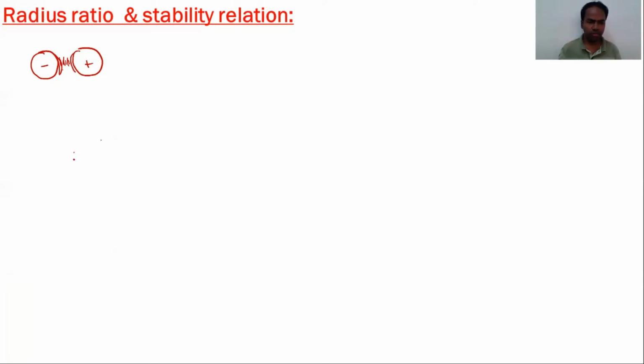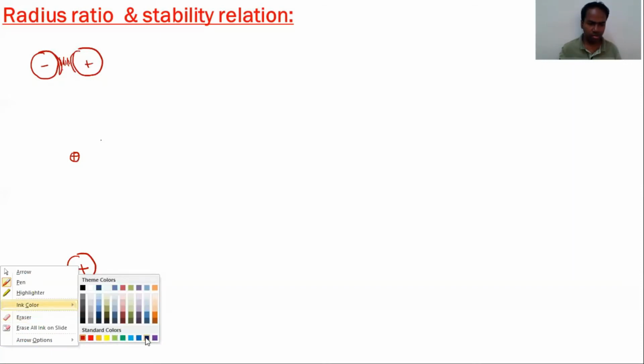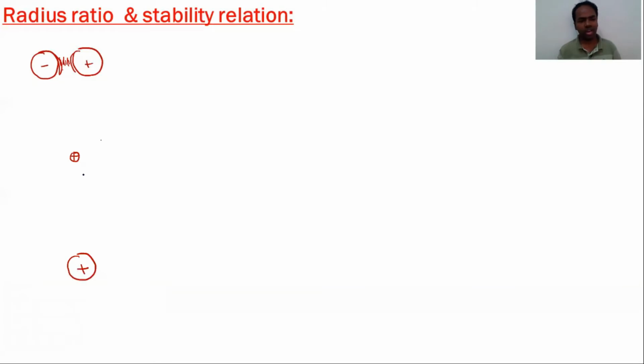Take one small size cation and one large size cation. These cations occupy the voids in the lattice. This small size cation has very little surface area, so it can touch only three neighboring spheres, nothing but anions.